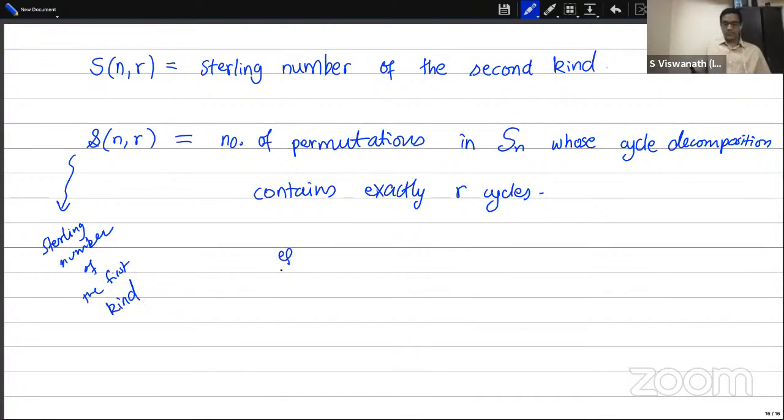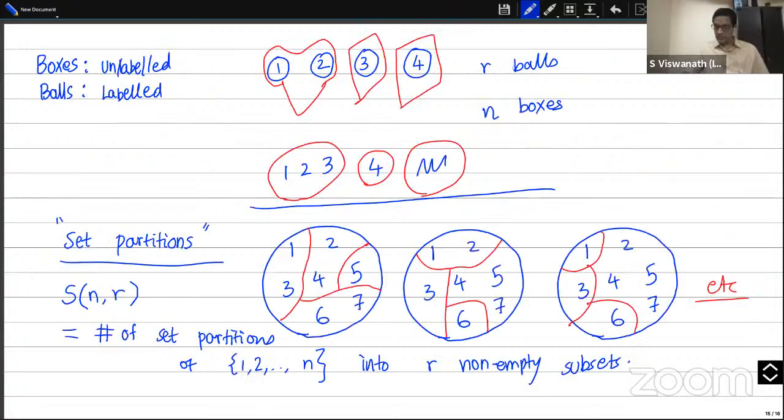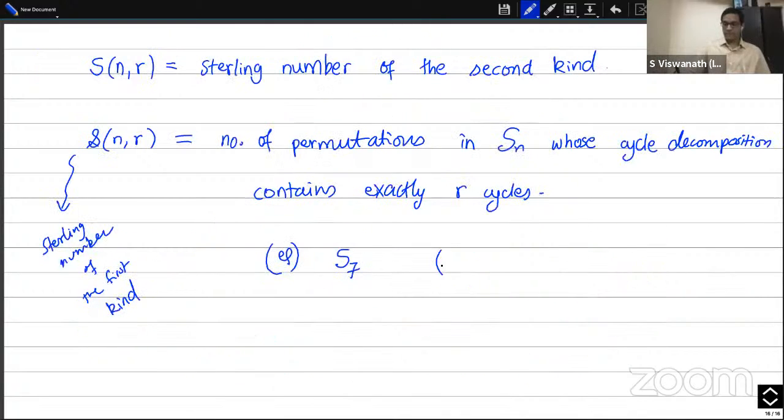Just to give you an example, if you take n is 7, inside the group S_7, what's an example of a permutation which has, say, 4 cycles? Let's do a similar example to the Stirling number of the second kind, but for cycles.